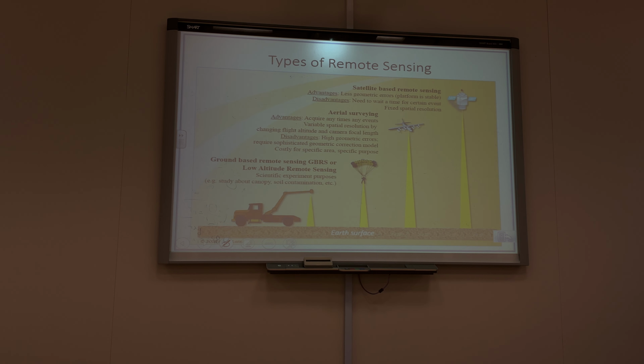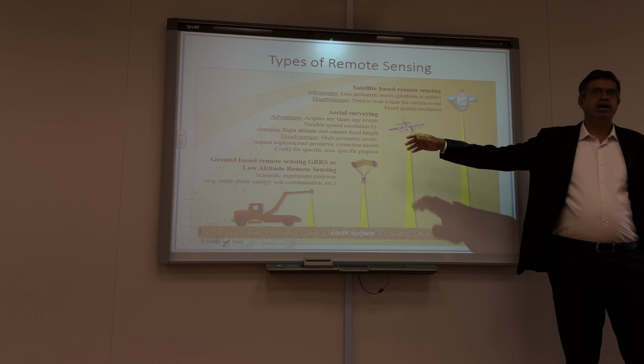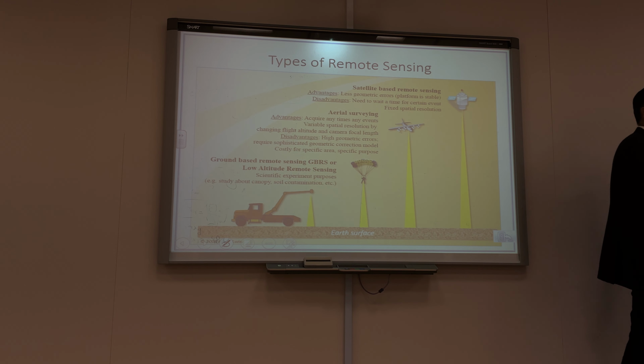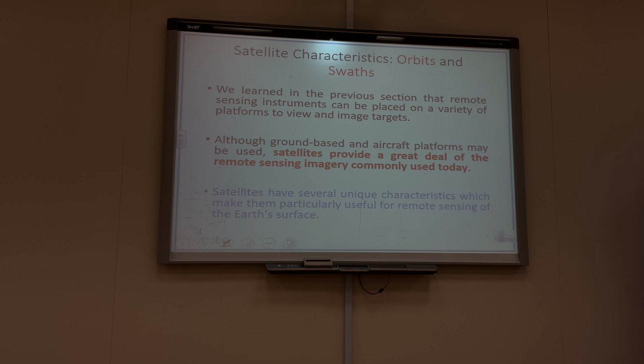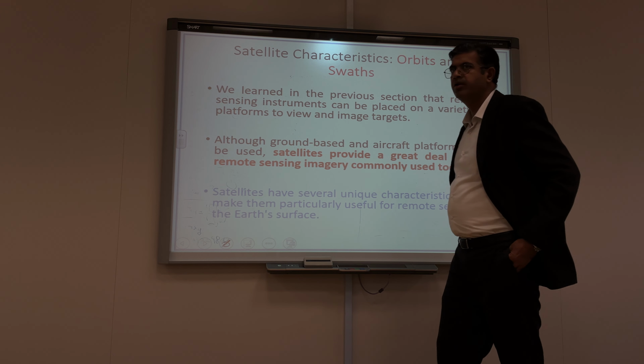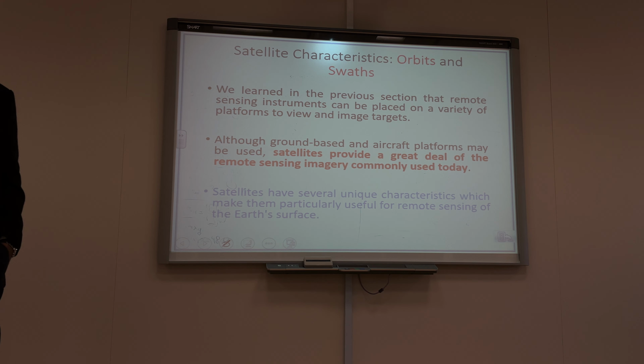So this is the same thing, which shows the three different types of sensors and platforms: air-based, space-based, and ground-based. As we said, we will be focusing mostly on satellite remote sensing, the sensors and platforms present in space.